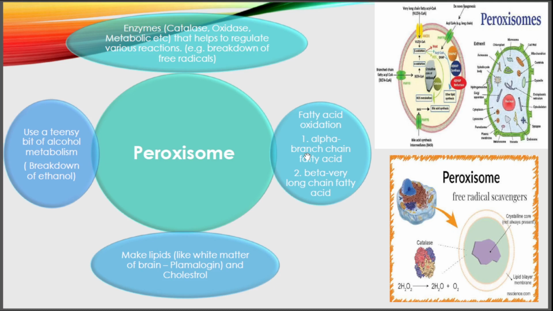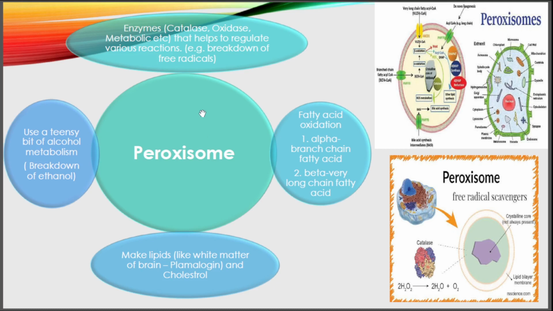This peroxisome is mainly responsible for the breakdown of peroxide into water and oxygen molecules. Now this peroxisome is also responsible for the breakdown of free radicals, which are formed due to the reactions of the mitochondria. With the help of different enzymes like catalase or oxidase, it breaks down those free radicals, and it also does the metabolism of alcohol and is responsible for the oxidation of fatty acids.